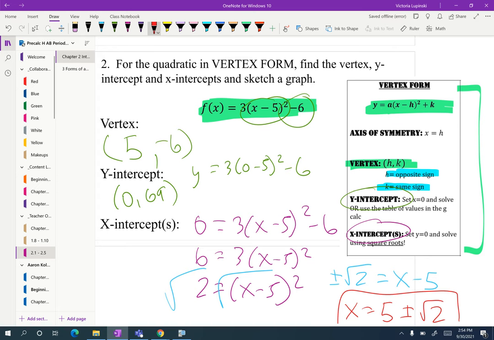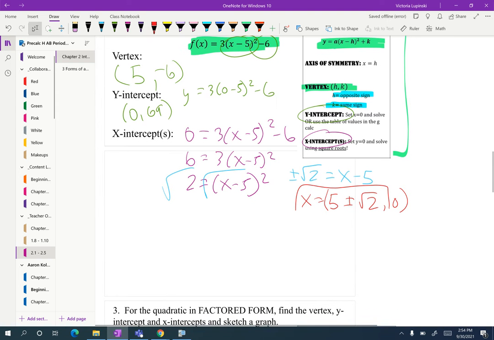And again, it would be (5 plus radical 2, 0) and then (5 minus radical 2, 0). The fact that you have a radical in your answer, it's still graphable. It's just a decimal. So from here, if I was going to go ahead and sketch this graph, I would start with (5, -6). Then the y-intercept is way up here at (0, 69).